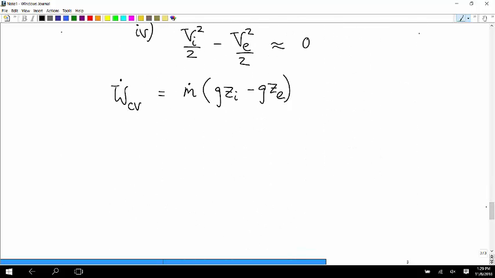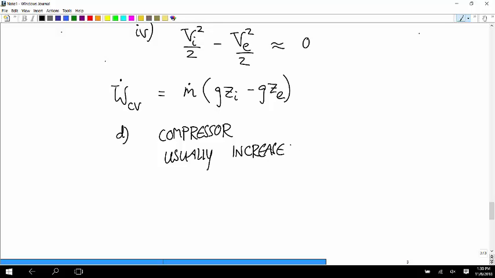So that's a pump. And then a compressor. The use of a compressor is usually to increase the pressure in a gas. For this one, we're going to assume it's steady state. We're going to assume there's no heat transfer.